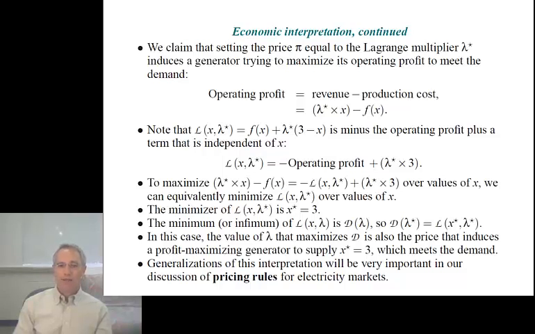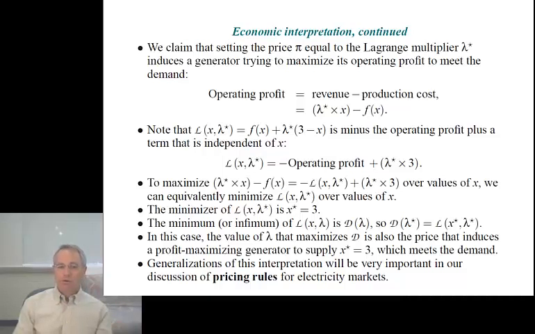But we already know that the minimizer of the Lagrangian, L of x comma lambda star, over x is x star equal 3. In other words, a profit maximizing generator is going to want to pick generation equal 3.